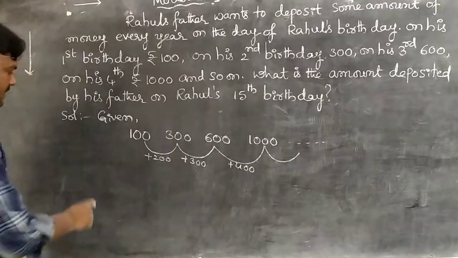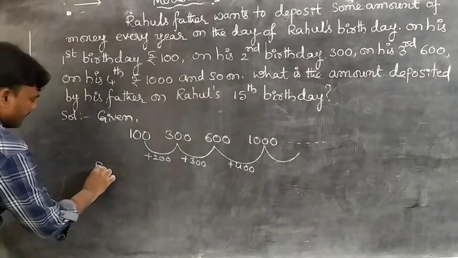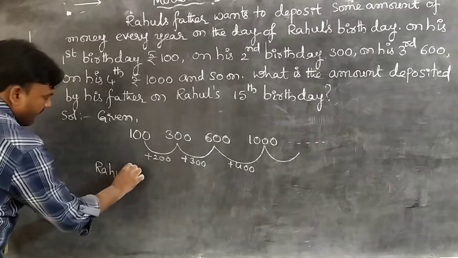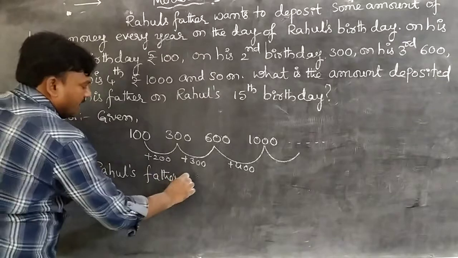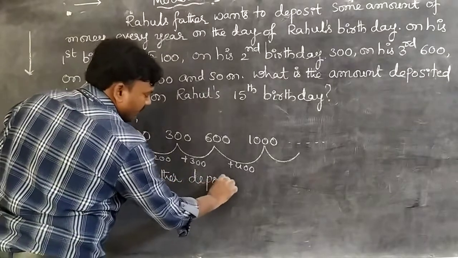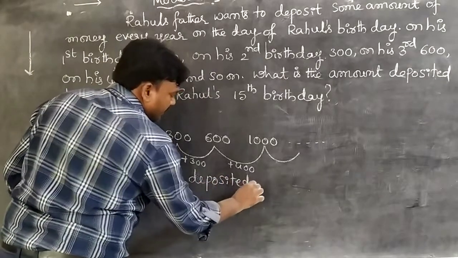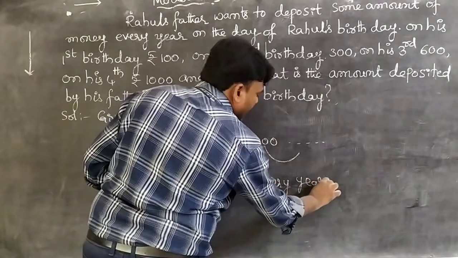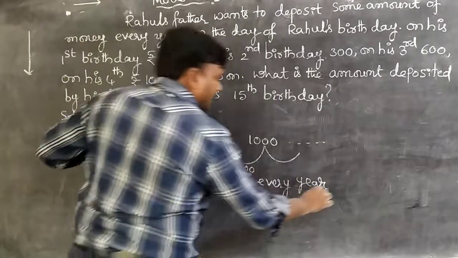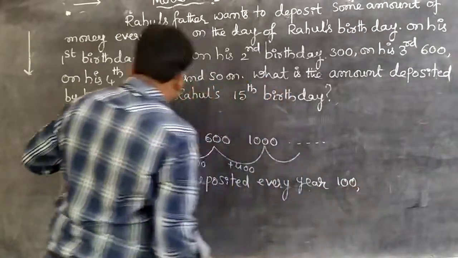Observe. Next, Rahul's father deposited every year how much amount? First year 100, second year 200.